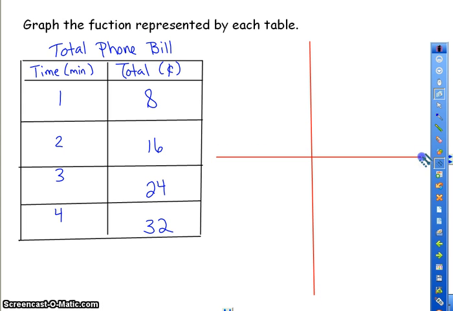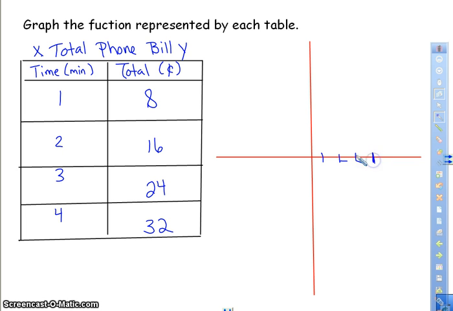Okay, since my numbers are going up so high, I'm going to count by 4s, for example. So this is my x value, and this would be my y. So I'm going to keep my x's normal. So I'm going to go over 1, 2, 3, and 4.